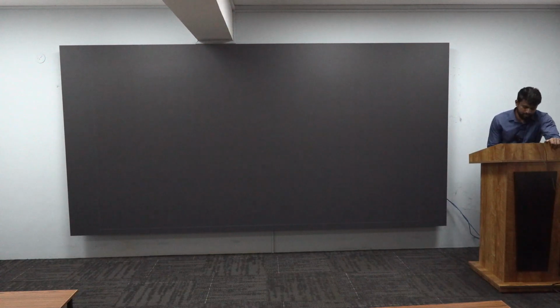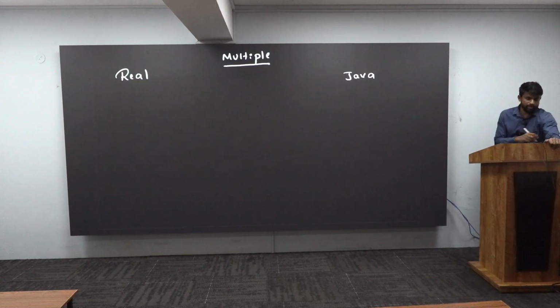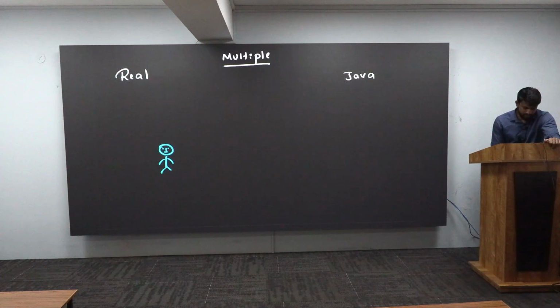Multiple. Correct. So this is my multiple inheritance. You should tell me, will this multiple inheritance work in the real world or not? And that we convert to Java. What is that, sir, if you ask me? Watch it. There is one child. Good.